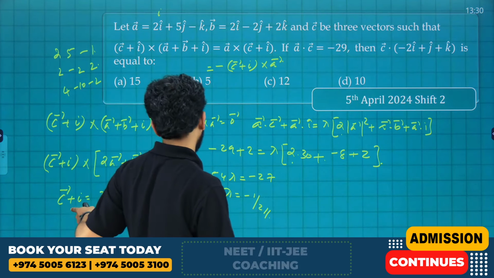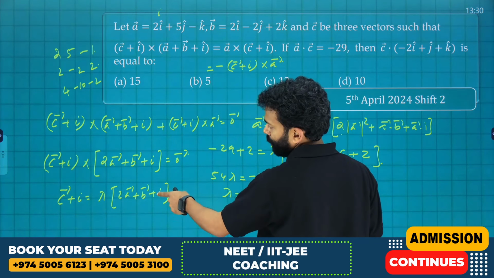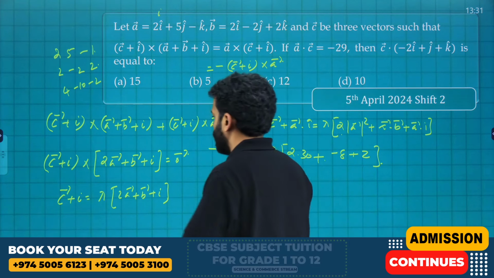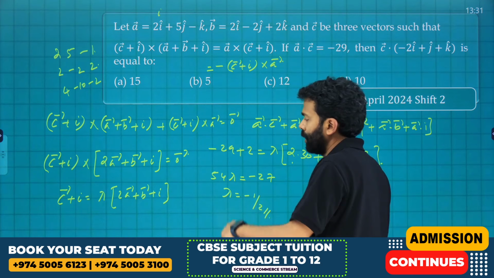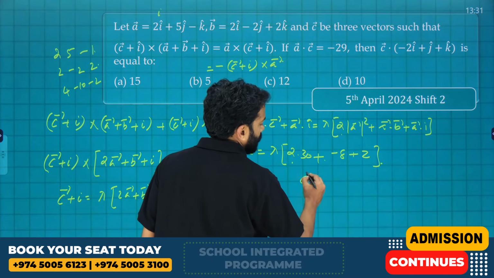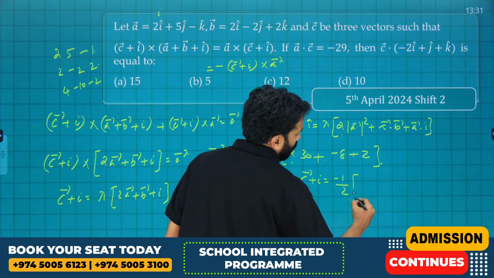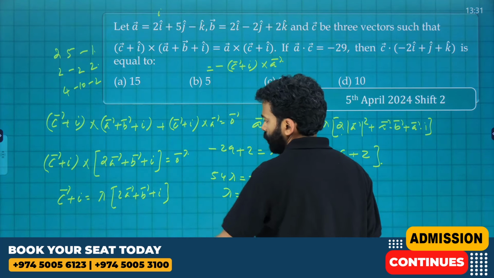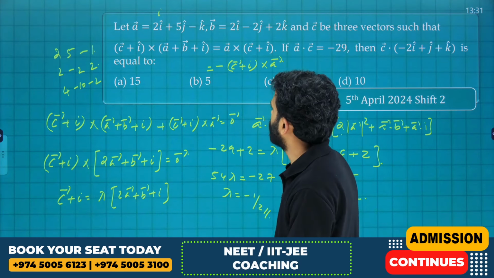So what is vector C plus vector I? That is lambda into (2 vector A plus vector B plus vector I). We can formulate it. Let's substitute the value of lambda here first. That is vector C plus I is equal to minus 1 by 2 into, in here I am going to substitute. What is 2 times vector A?